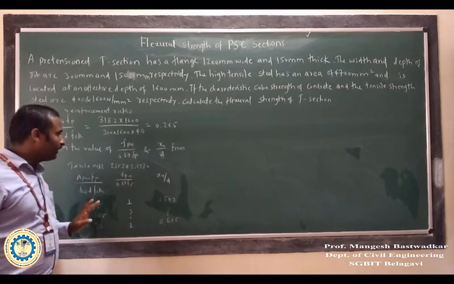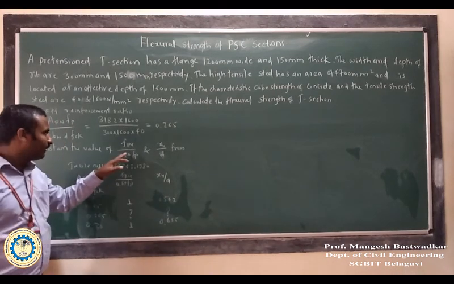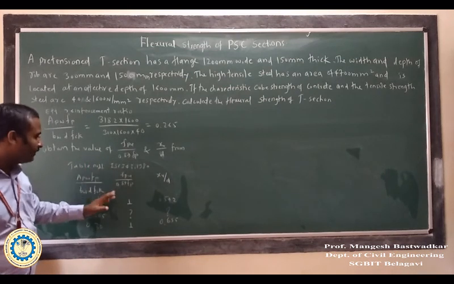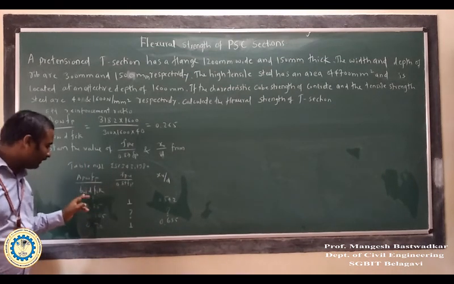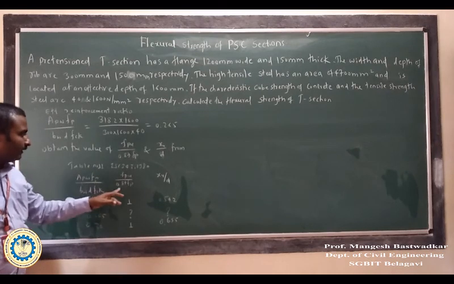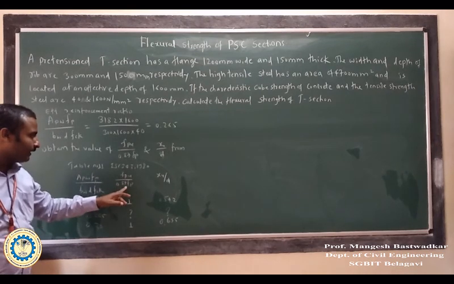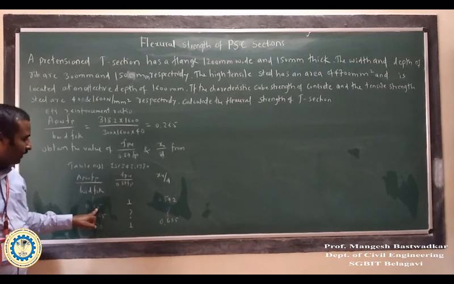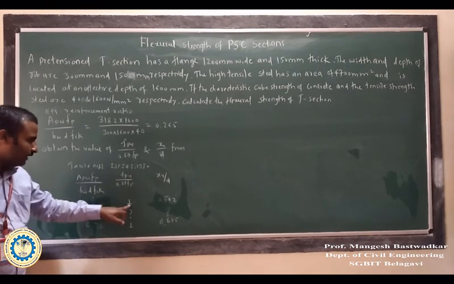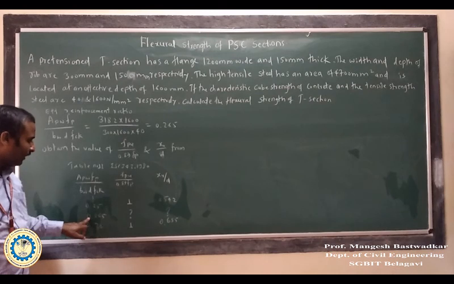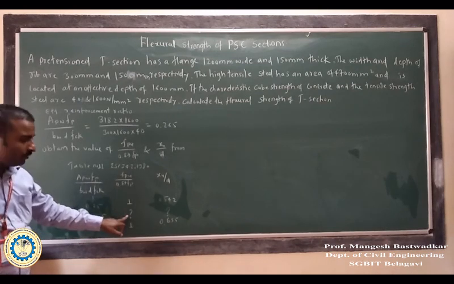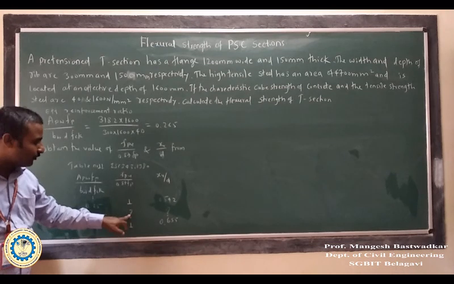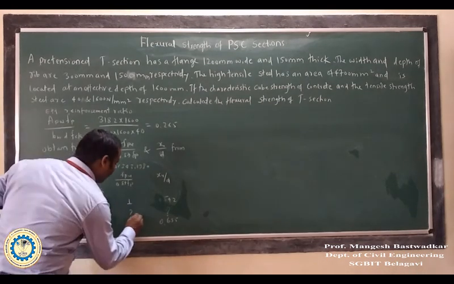So now, from table number 11 for pre-tension beam, this FPU by 0.87 FP value for 0.25 effective reinforcement ratio is 1. For 0.265 the value we don't know, but that value ranges 1 to 1, meaning it should be 1.